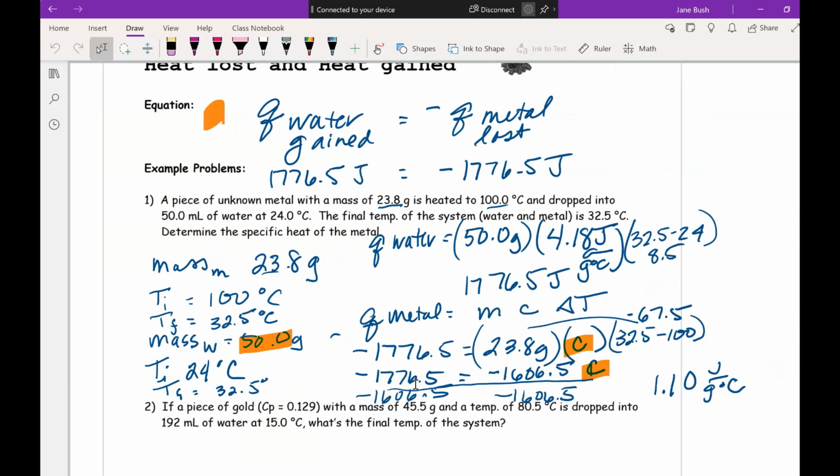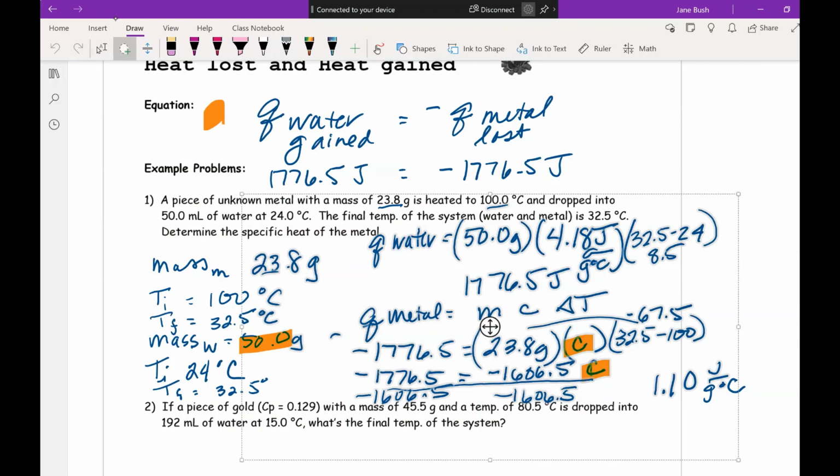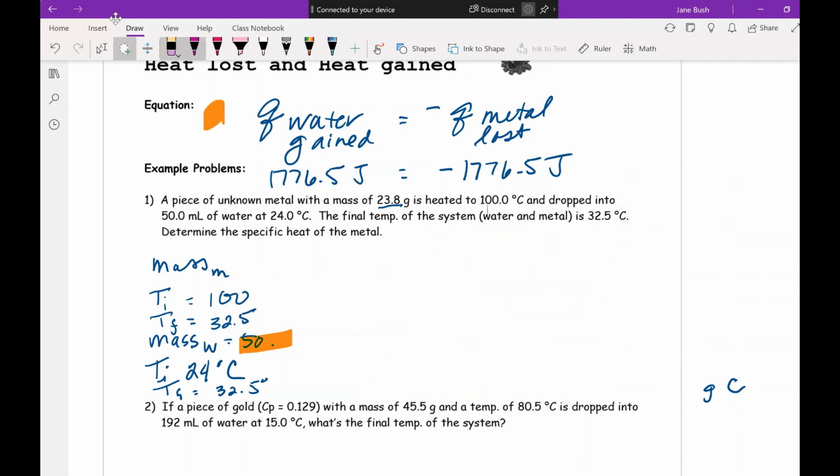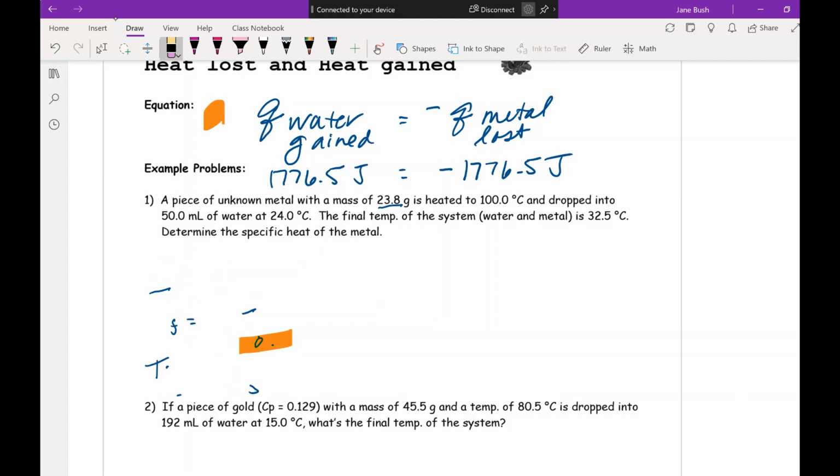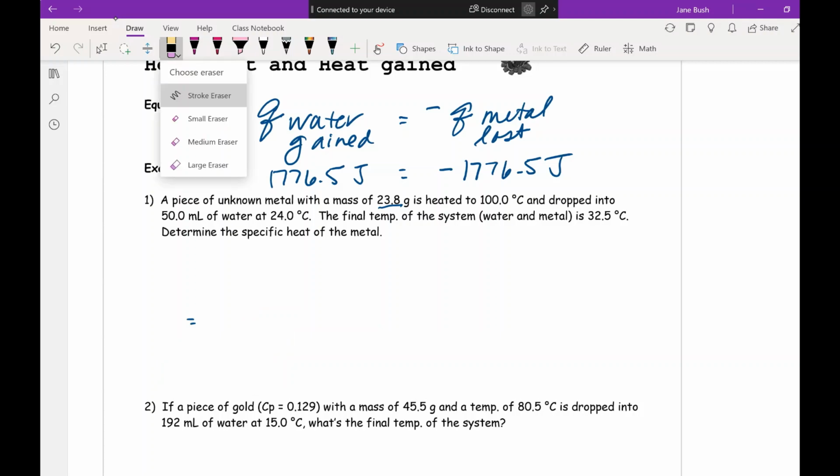So, the water. The metal had heated up. And we did a lab on this, and you guys turned the lab in, and you should have gotten the lab back by now. The metal heated up, and we heated it up before we put it in the water.